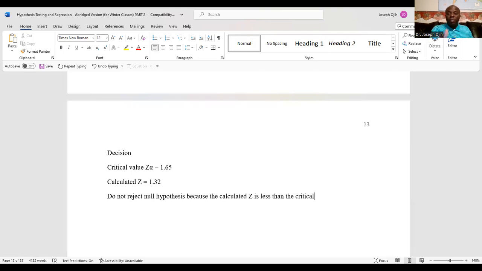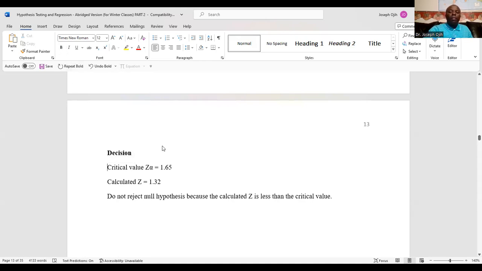If it is greater than the critical value, you reject. If it's less than the critical value, you do not reject. So remember, this is the decision. This is our decision. I'll make it bold so you can see.